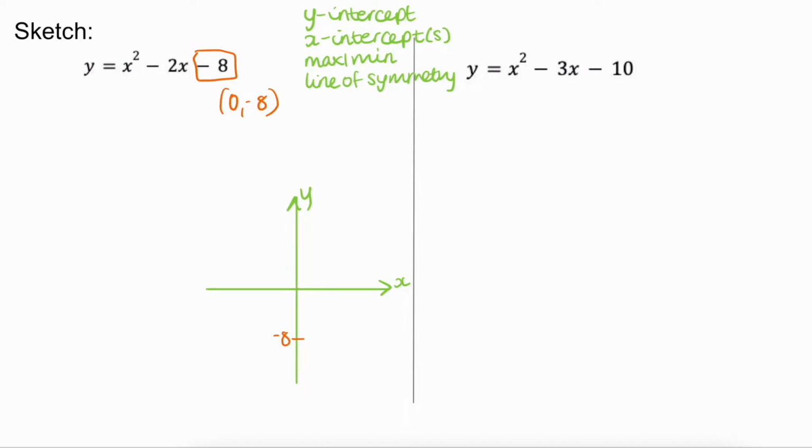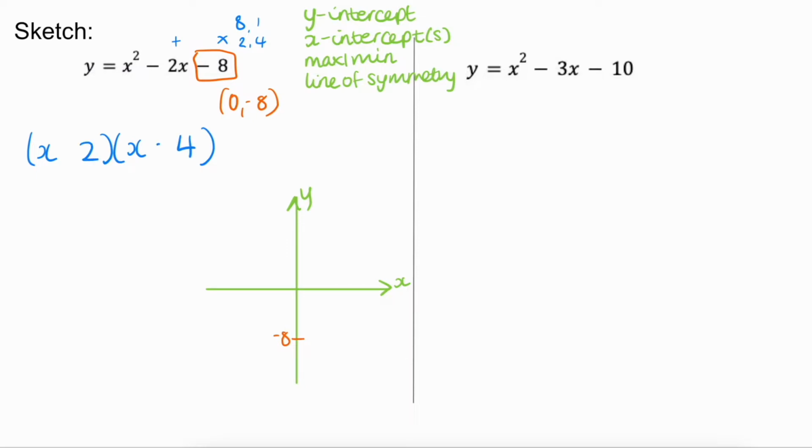So it's what times together to make -8 and adds together to make -2. So I know that it's just x and x in my brackets, since it's just x squared at the front. So times together to make -8, let's just do it without the negatives: 8 and 1, and 2 and 4. Okay, so it must be the 2 and the 4 that I need.